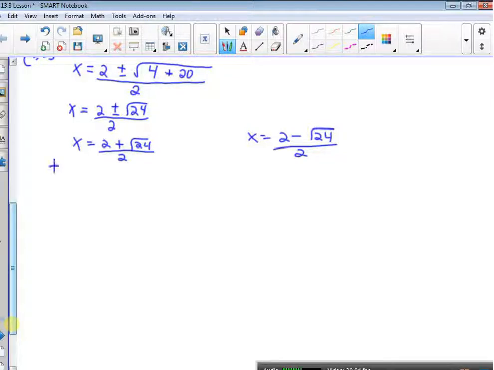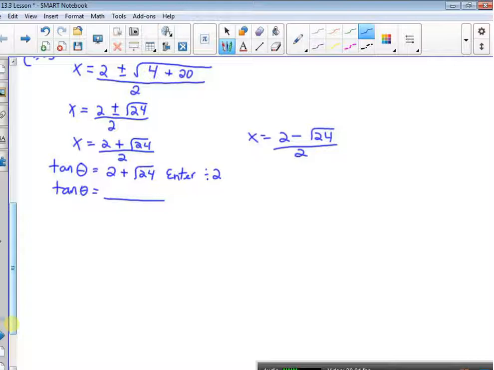And then I'm going to say tan theta is equal to that. So in my calculator, I'm going to type in 2 plus the square root of 24, enter, and then divide by 2. And so now I'm going to get tan theta equals a decimal.